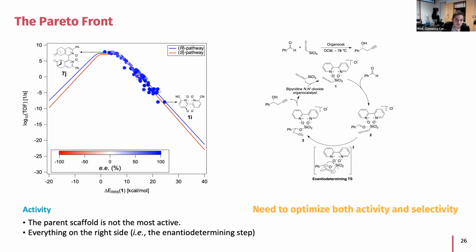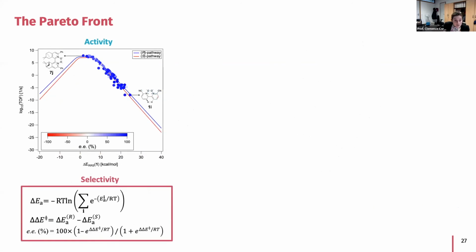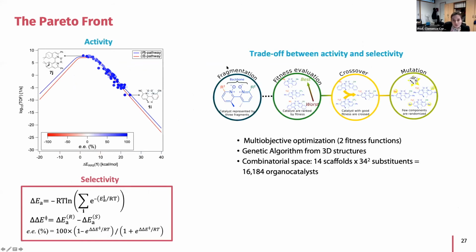selectivity. And of course, it's quite challenging here because we can already see by the difference between these two lines that what is going to be more selective is probably going to be quite low in the volcano, so not the most active. But we run anyway the genetic optimization as before. This time, the fragmentation was based on different backbones or scaffolds, if you want, and different substituents R1 and R2.